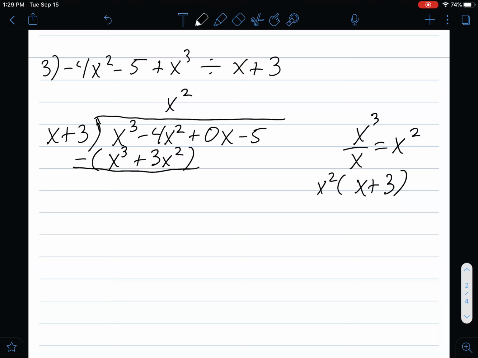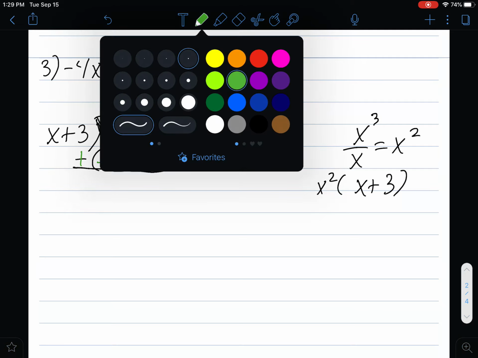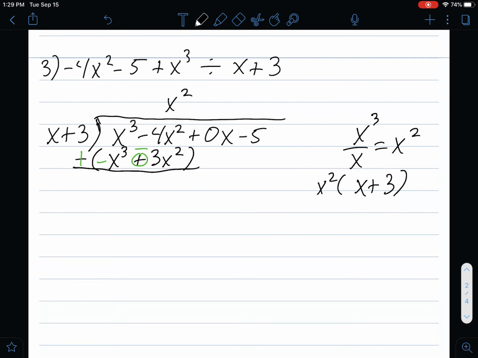We can flip this to a plus, this to a minus, and put a minus down so that we know that that is now a negative 3x squared. Negative 4x squared plus negative 3x squared, over here, is equal to negative 7x squared.